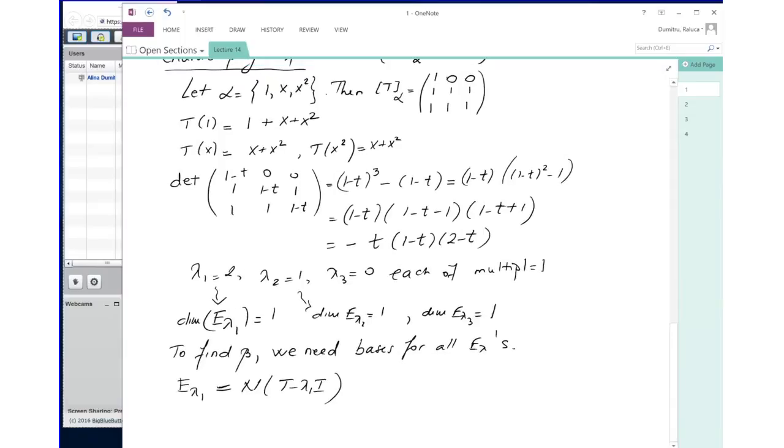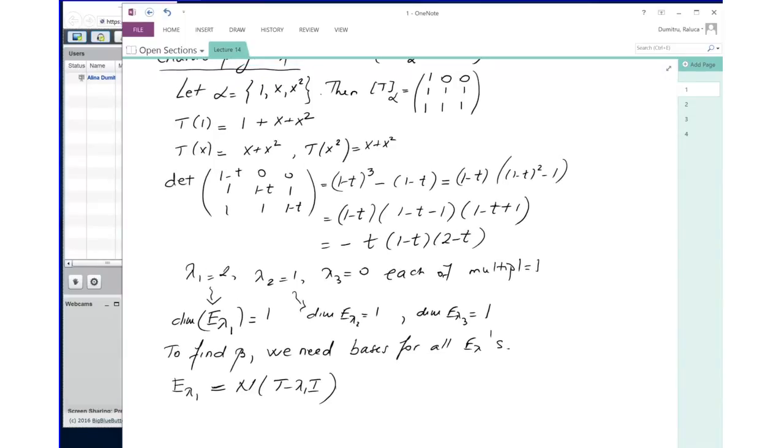Okay, what matrix is associated to this? Lambda 1 is 2, so you just subtract 2 from the matrix of T. So that means negative 1, 0, 0, 1, negative 1, 1, 1, 1, negative 1.